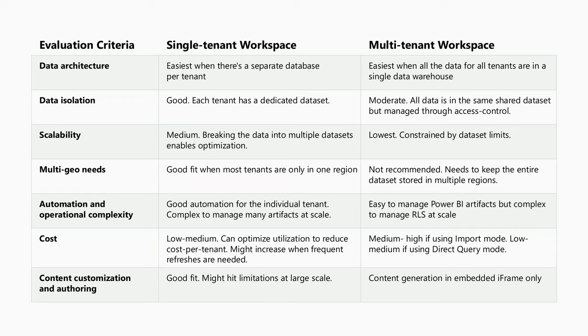There are also things to consider, like multi-geo needs. For example, if you have data that needs to be located in all kinds of places around the world, then it will be much easier to implement using a data set which is specific to users, and just put it in the right place where you need it.